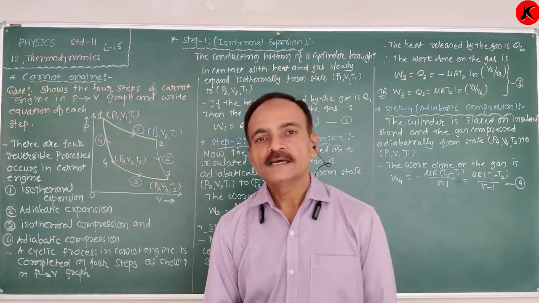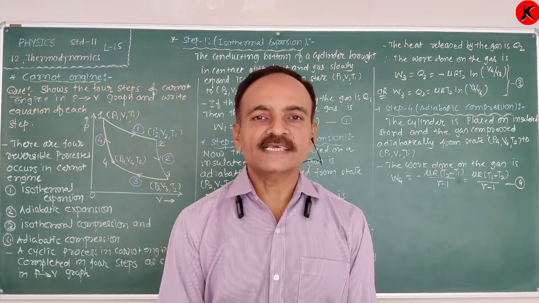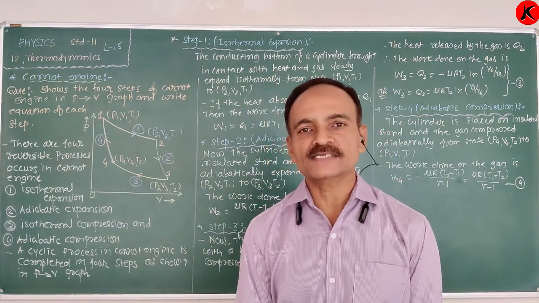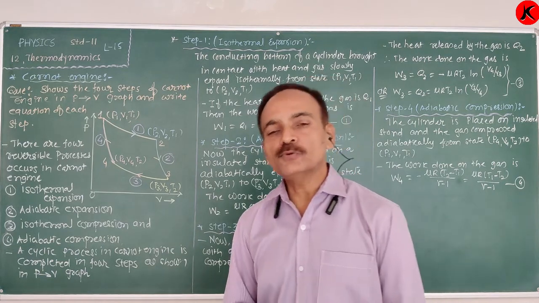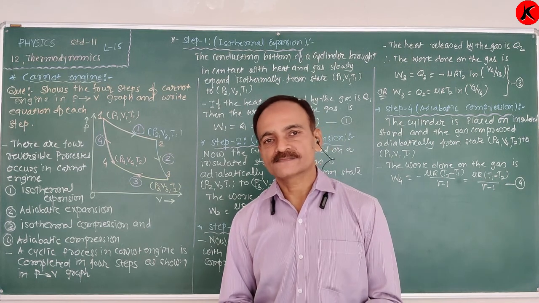So in short, it is a heat engine converting heat energy into mechanical energy with the help of a cyclic process consisting of two adiabatic and two isothermal reversible processes.